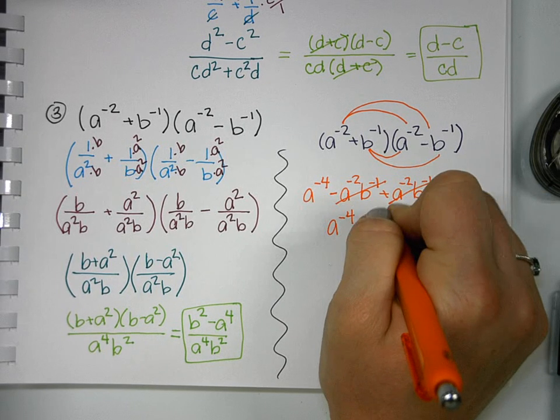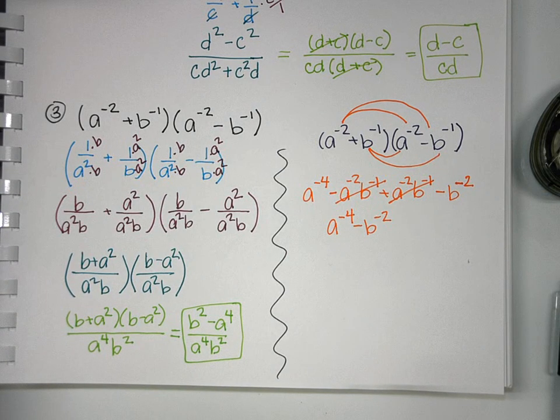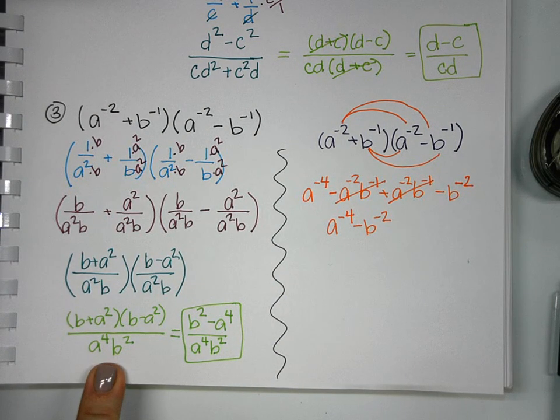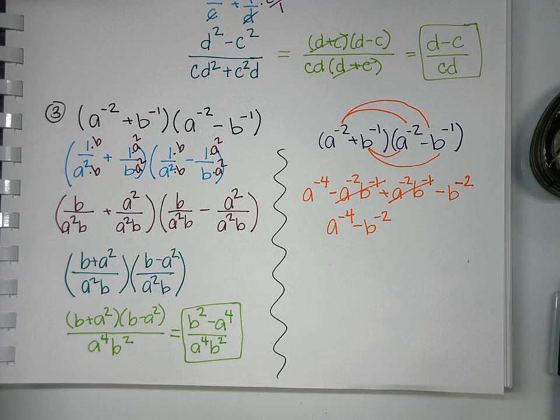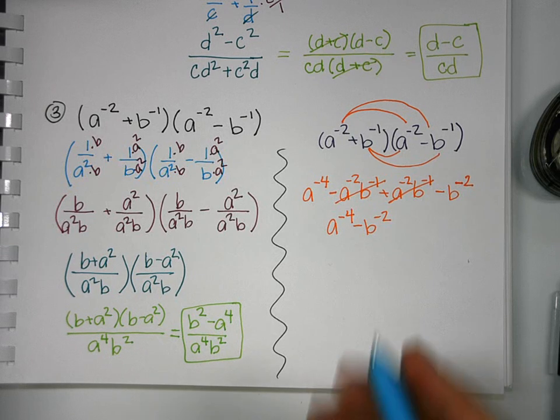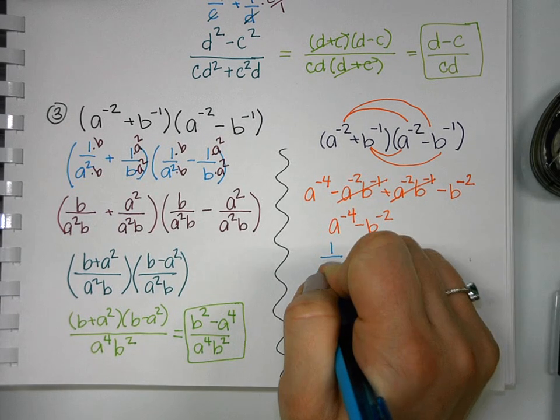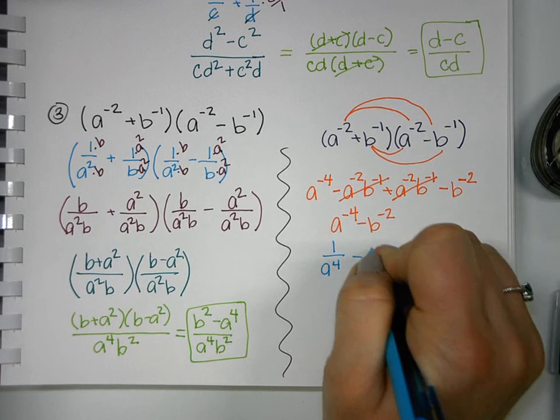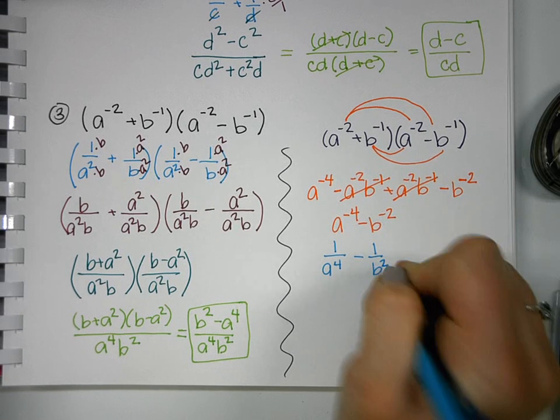So what we've done by FOILing is we've essentially just combined these two expressions already to be one, like down here. So if we were to now at this point follow the process from number 1, we only have to do it once. So 1 over a to the fourth minus 1 over b squared.